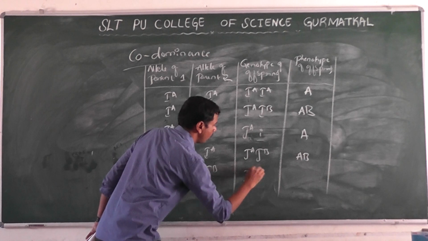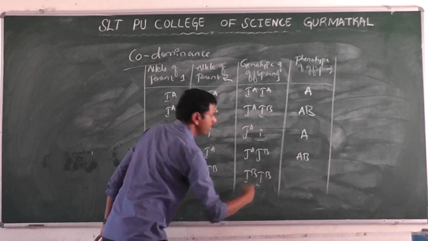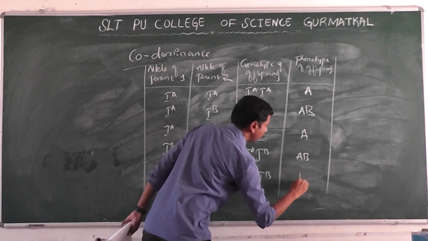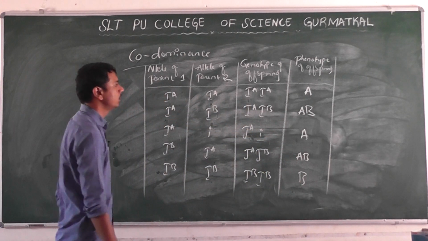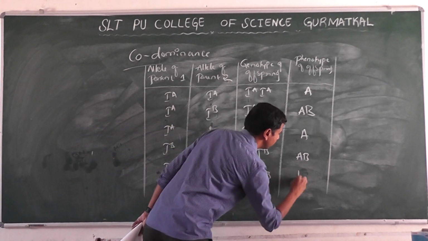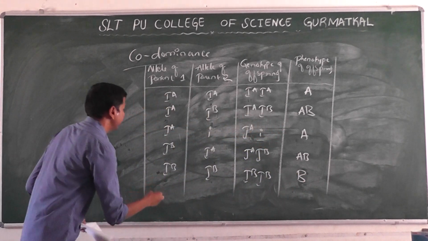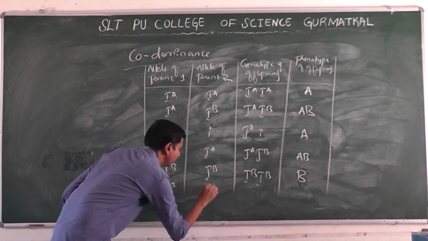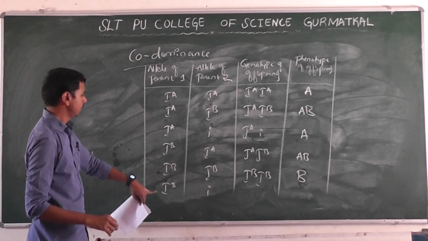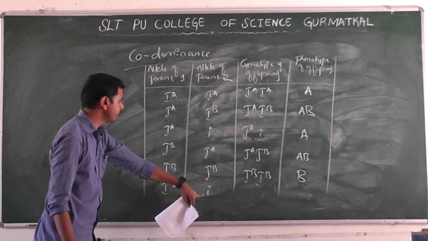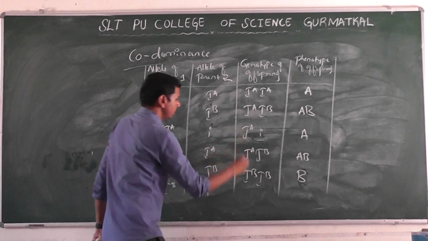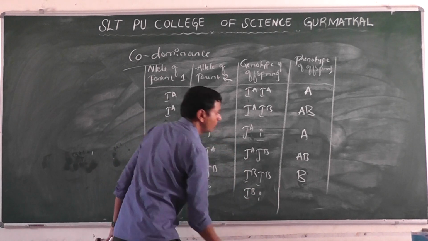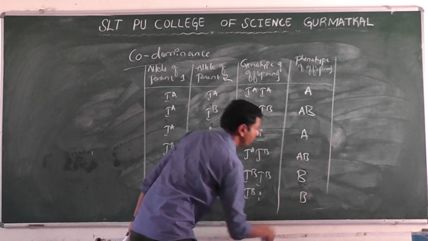The genotype of offspring will be IB IB, and the blood group will be B. Then parent 1 has IB and parent 2 has small i. So here IB and small i, the blood group will be B.